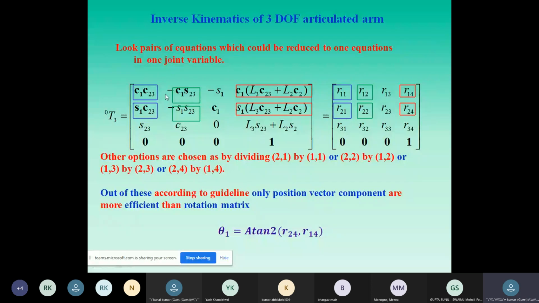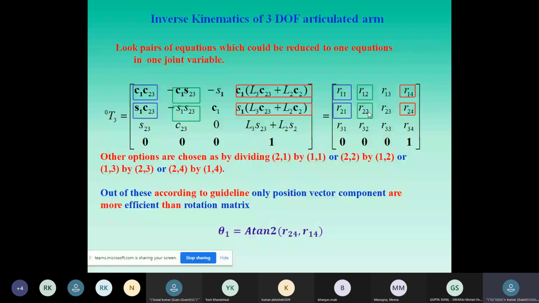Similarly, with another method, we define minus C1 S23 equal to R12 and minus S1 S23 equal to R22, and then we divide again.